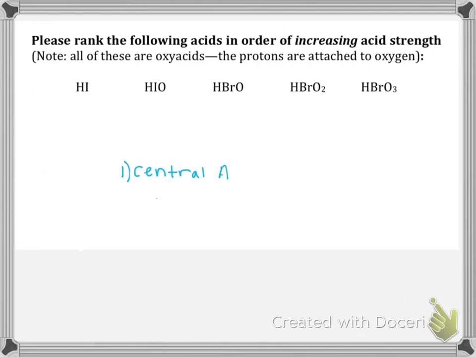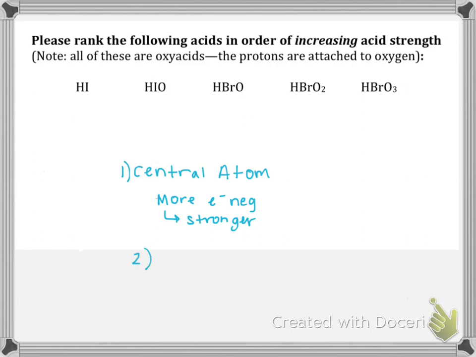So for these, it's like comparing the iodine to the bromine, because the more electronegative central atom will give us the stronger acid. The relatively stronger acid. They still might be weak, but just stronger than the other ones.